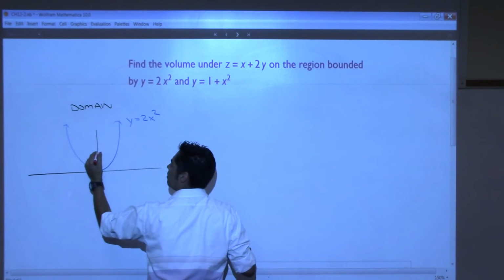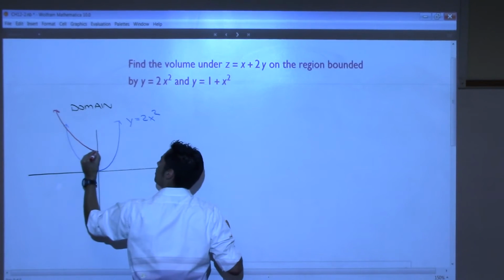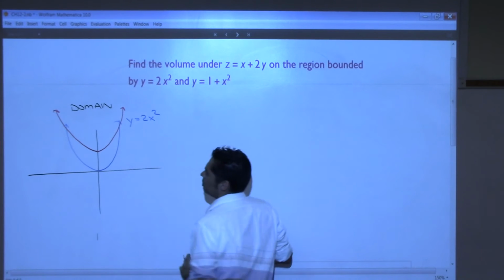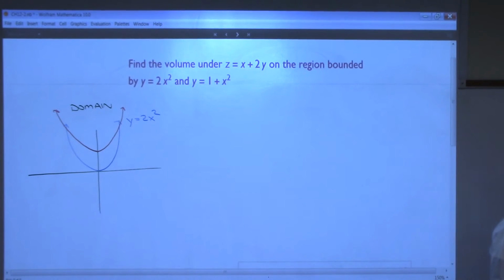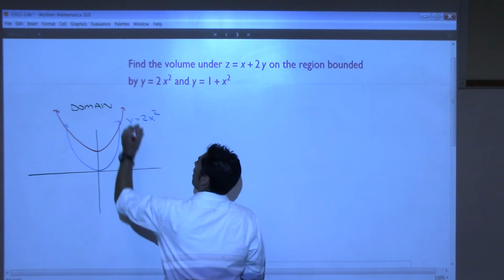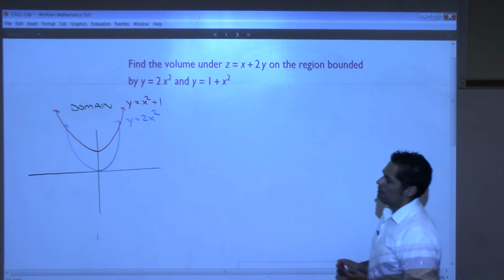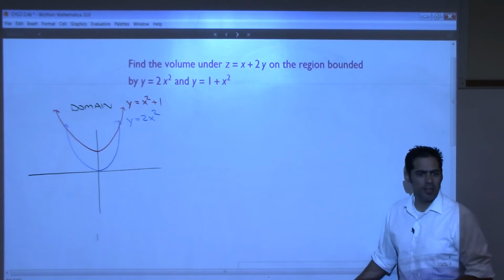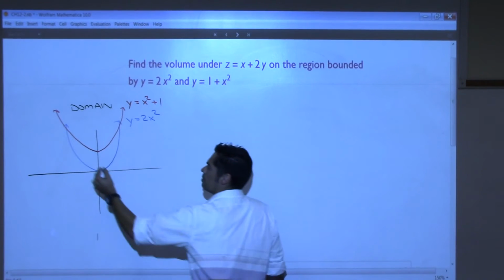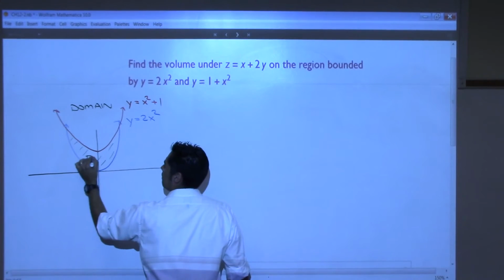So when I come here to 1, my parabola should go out like this and be wider. That is my region of integration. We okay with this? So that is y equals x squared plus 1. Everybody comfortable with seeing the region that's bounded by both of those? So all of this stuff in here, that's D.